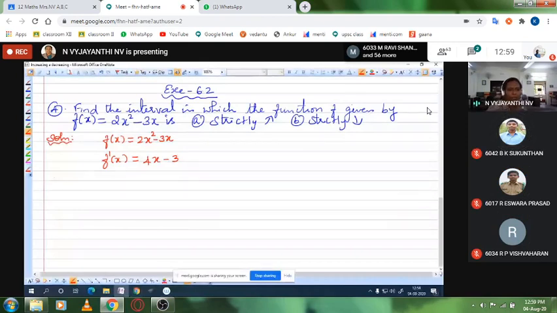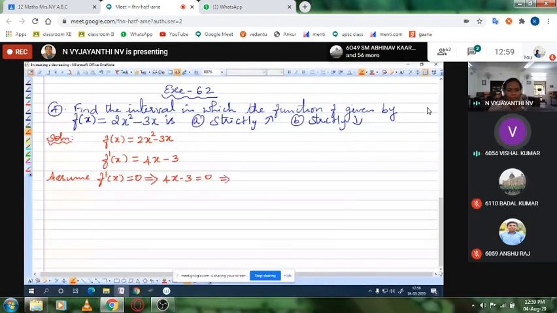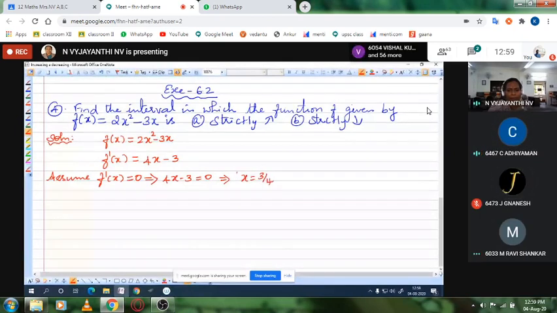Now we are going to find the critical point. For finding the critical point, we assume f dash equal to 0. 4x minus 3 equal to 0 implies x equal to 3 by 4.